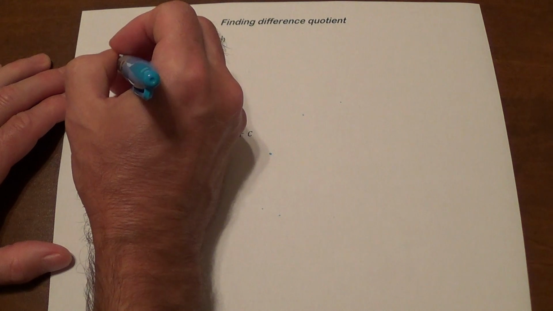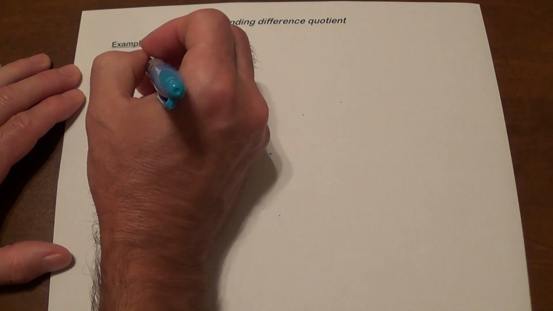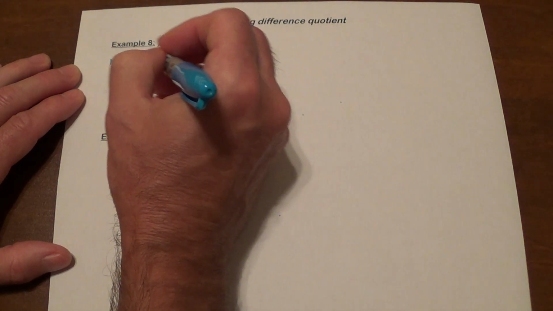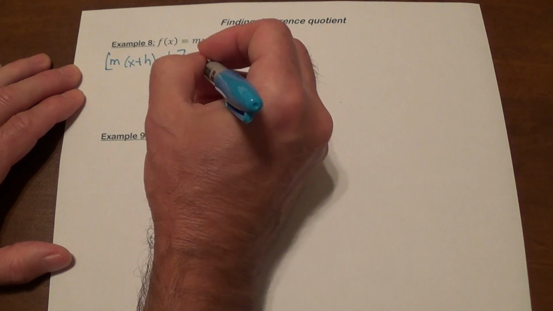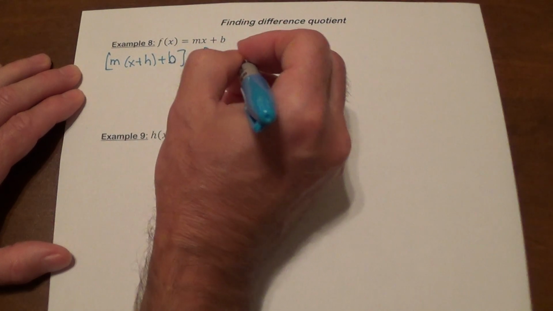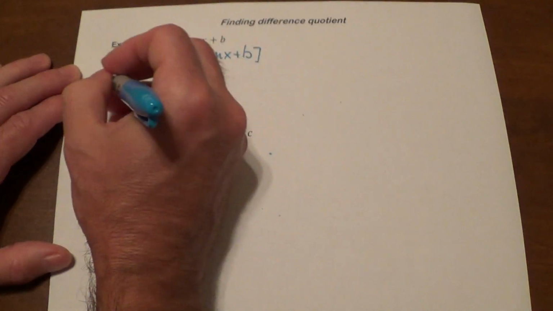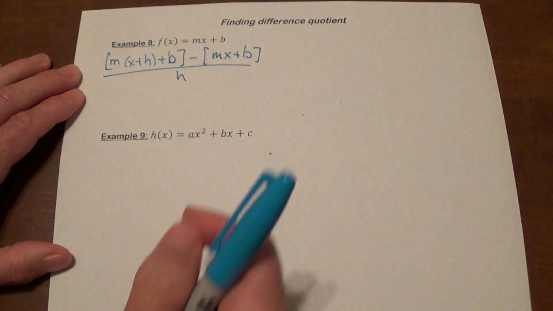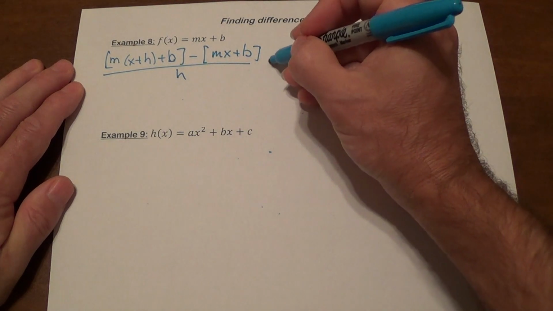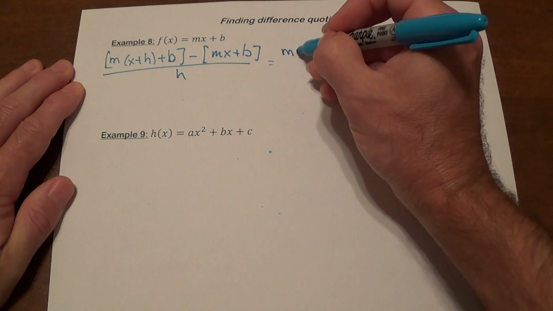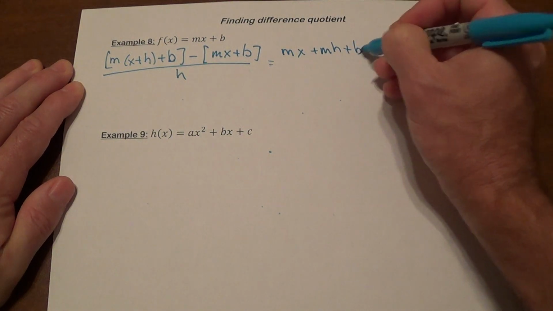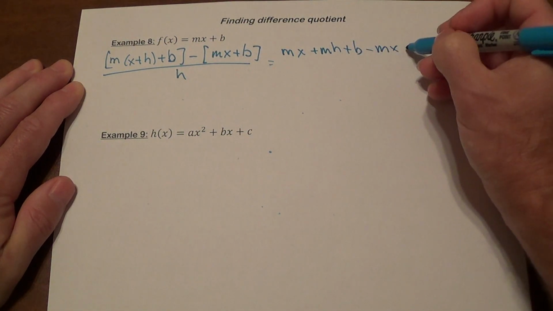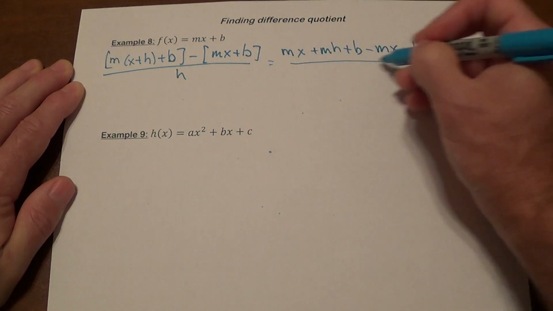So it's going to be m times (x plus h) plus b minus (mx plus b) over h. Once we simplify that, it is going to be mx plus mh plus b minus mx minus b divided by h.